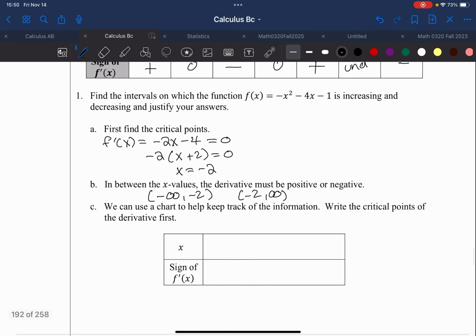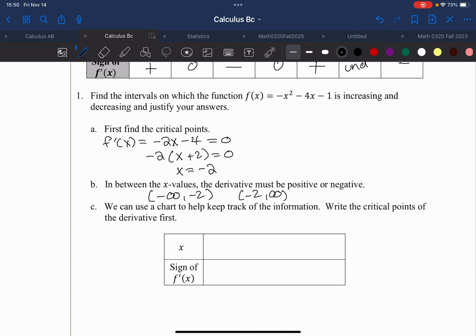It says we can use the chart to help keep track of information. Write the critical points of the derivative first. So I'm going to write my negative 2 right here in the center. This is my first interval. This is my next interval. And I'm going to pick a number within each of those intervals. For example, I'm going to pick negative 3 and 0.